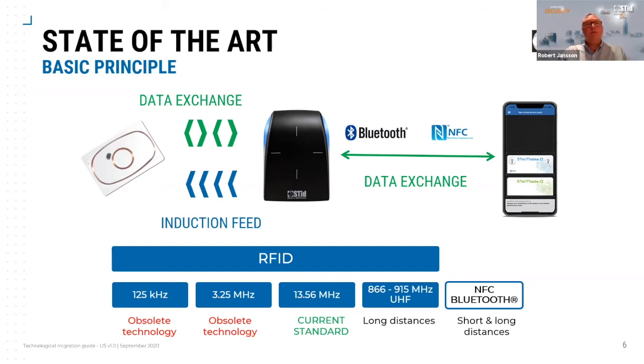So the card comes in to an inductive field of the reader, and this inductive field is charging the card, the passive card without batteries, to start transmitting the information from the card to the reader. Then after that is passed on to the access control system. And here you also have various flavors.